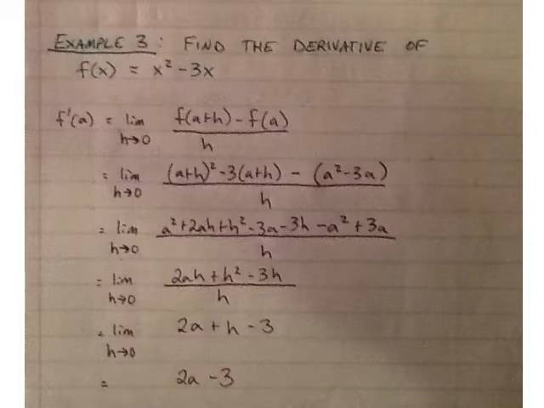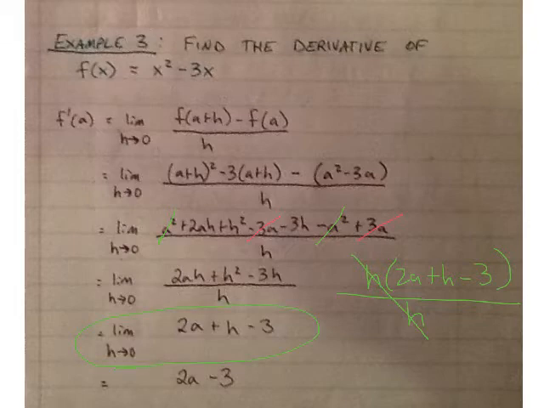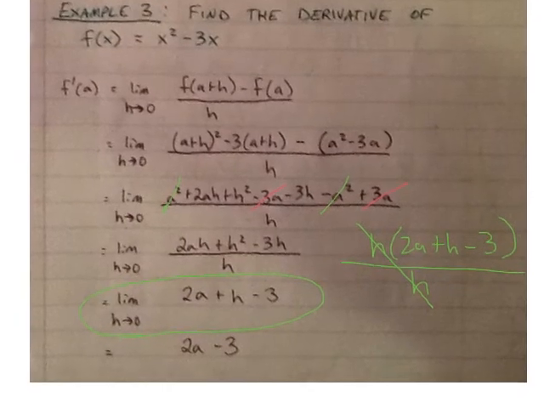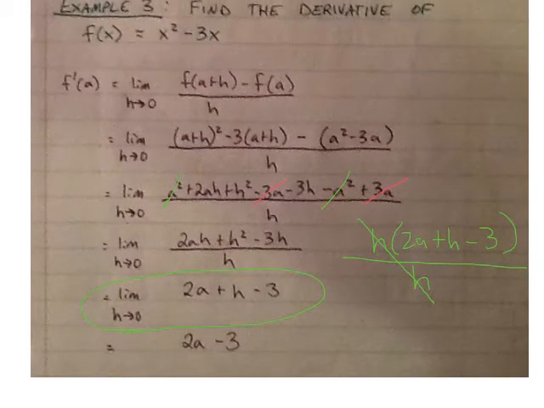We can start canceling out like terms: a squared minus a squared, negative 3a, positive 3a, and we're left with 2ah plus h squared minus 3h in the numerator, which we could factor to be h times 2a plus h minus 3 all over h, which allows us to cancel the h's so that we can then evaluate the limit. We take the limit as h goes to 0 and find that the derivative of f is 2a minus 3.